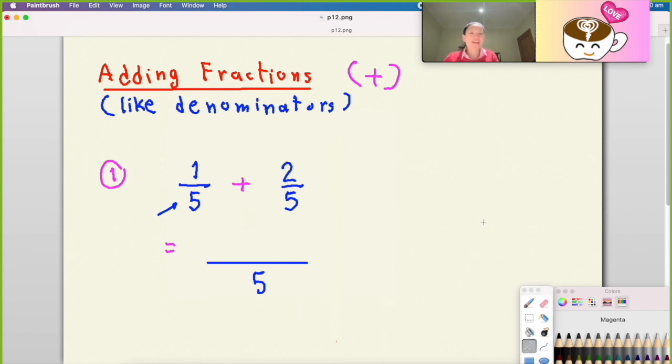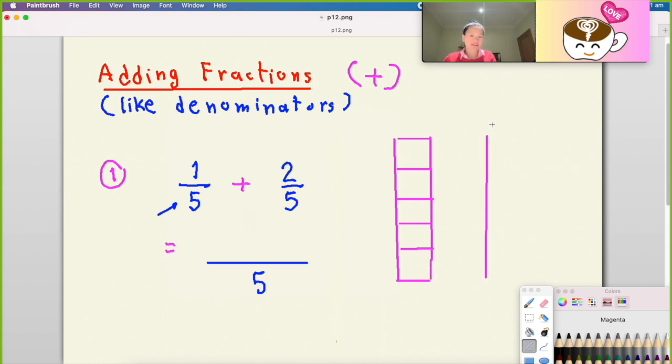If you have 1 out of 5, you divide this one into 5 parts. Let's see: 1 2 3 4 5. And then you add another one, 2 out of 5, like this: 1 2 3. Grace, are you with me? Yep.